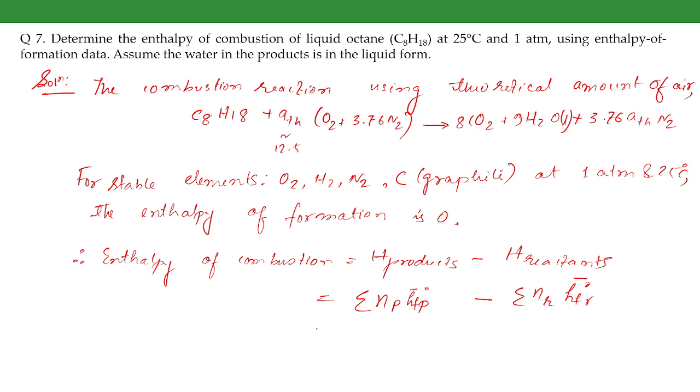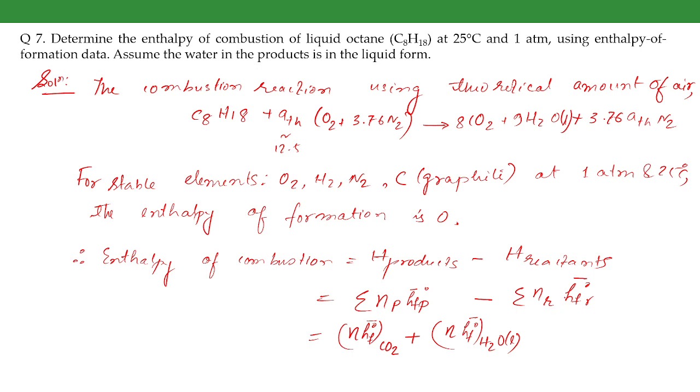In the product, nitrogen has an enthalpy of formation of 0, so only carbon dioxide and liquid water will be available. So the number of moles times the molar enthalpy of formation of carbon dioxide, plus the number of moles times HF naught bar for water, essentially in liquid phase.